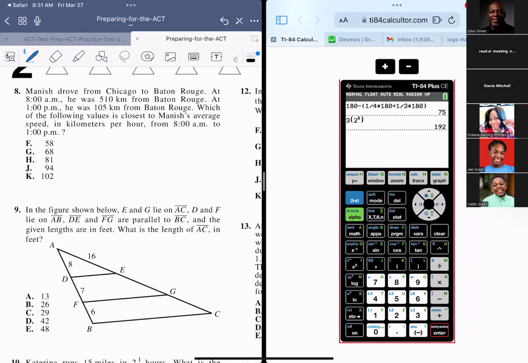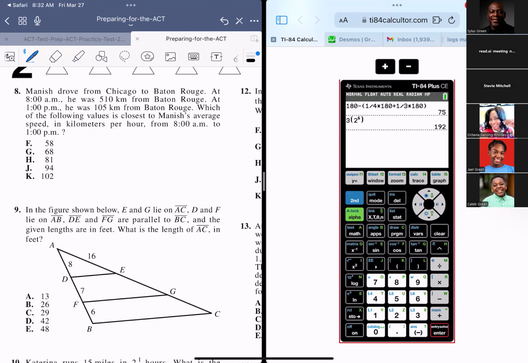So this one you would use, I think, distance equals rate times time. And we're looking for the average speed.